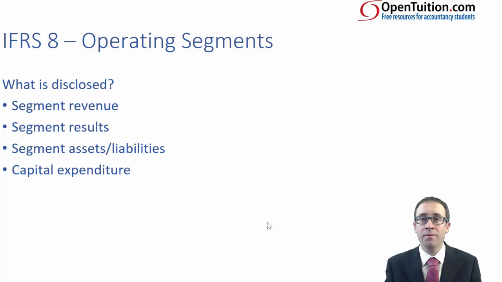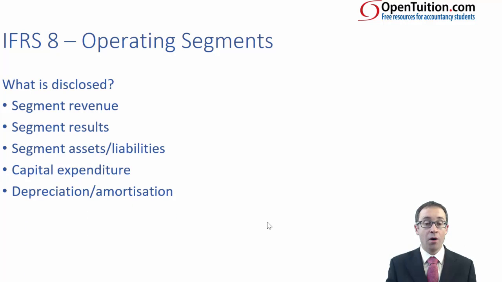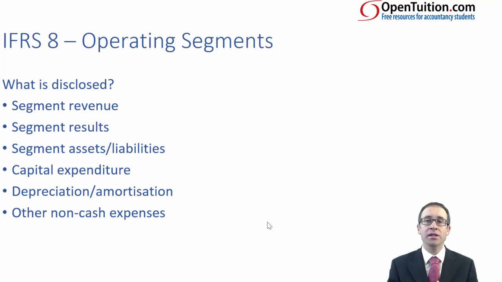The more expenditure, maybe the more improvement, and therefore the more profitability likely in the future. Who knows? Also, depreciation and amortization will need to be disclosed, and any other non-cash expenses will need to be disclosed by segment.